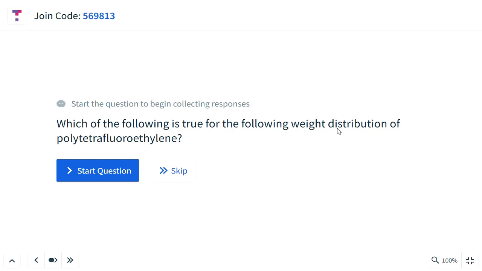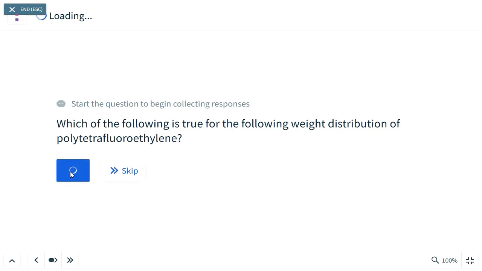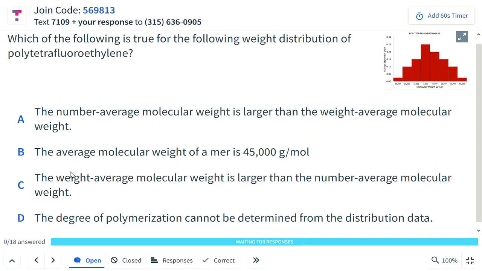Welcome back. We'll start off Module 4, Polymer Structures, with a lovely question on Top Hat here. Feel free to consult with your neighbors if you would like. The question is, which of the following is true for the following weight distribution of polytetrafluoroethylene, commonly known as PTFE or Teflon?